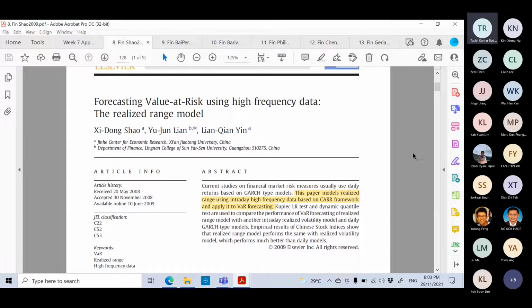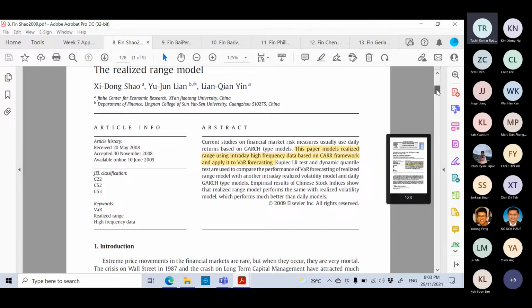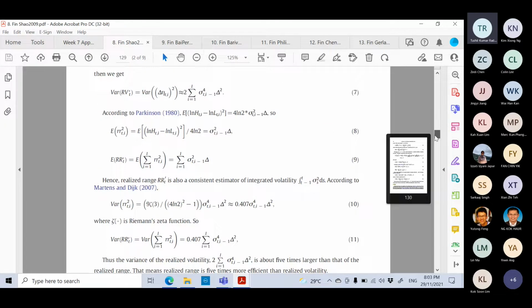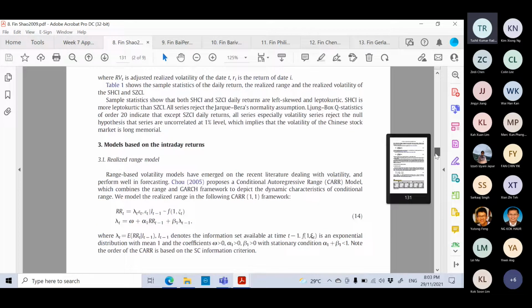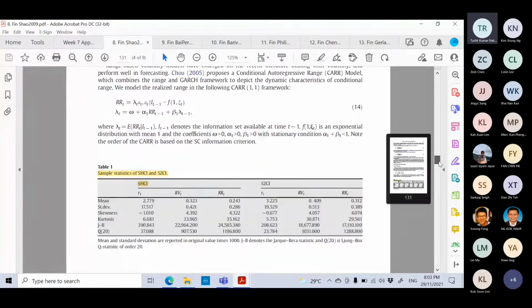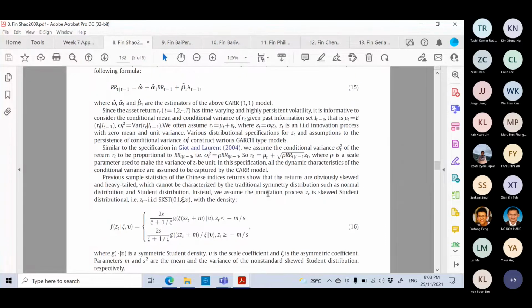This is one of the papers where they use a financial methodology. When we go through the data here, they claim that from their sample statistics, meaning the summary statistics, the distribution shows that the returns are obviously skewed and heavy tailed.